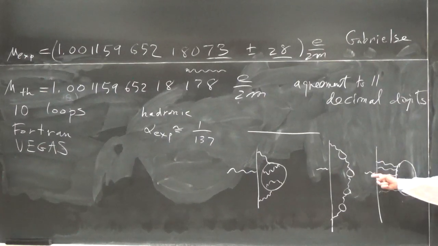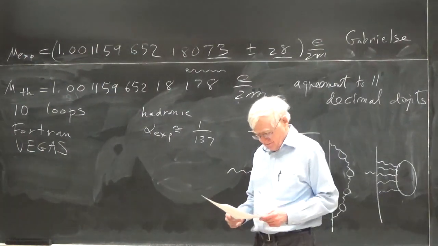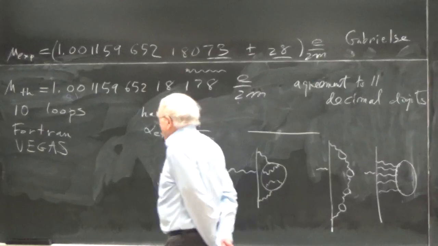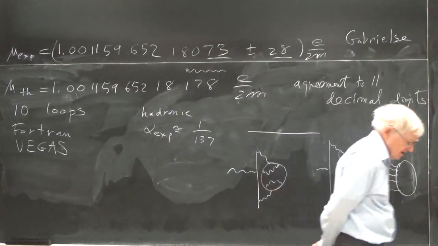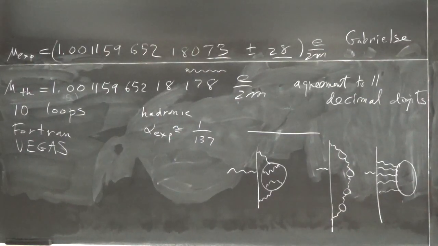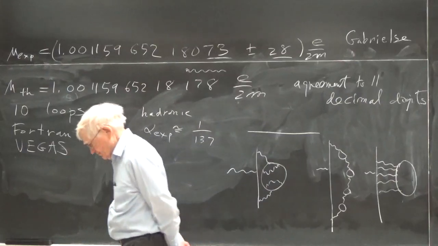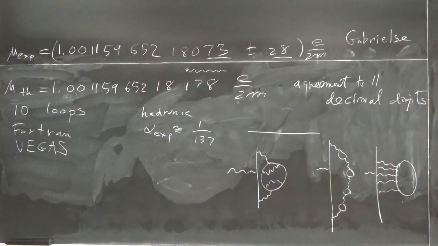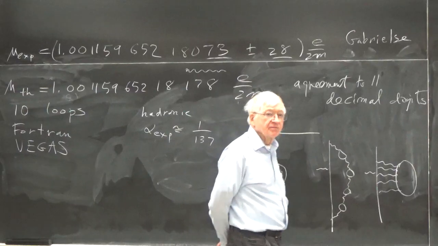They left out this part. Anyway, these are the various 10-loop diagrams. I get the impression that Kinoshita either retired or died sometime in the last 6 years. He was doing these calculations, I think, when I was a graduate student. So he's been at this for a very long time.